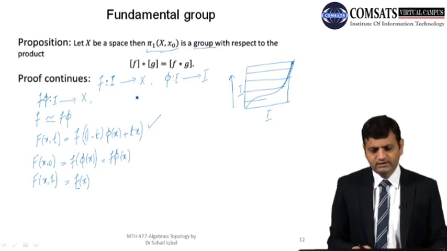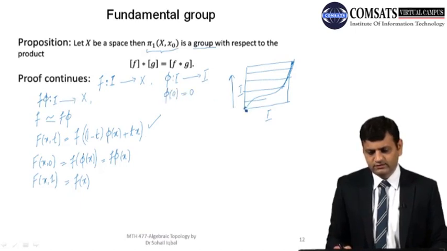Also there is another condition on this phi, that phi of 0 is 0, and phi of 1 is 1, so the starting point and the ending point are the same.